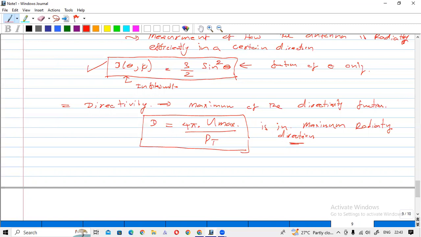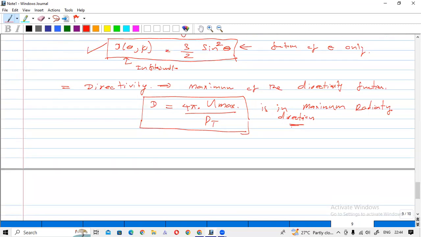So if I ask you to find the maximum directivity of an infinitely small antenna, you can find it using this one.